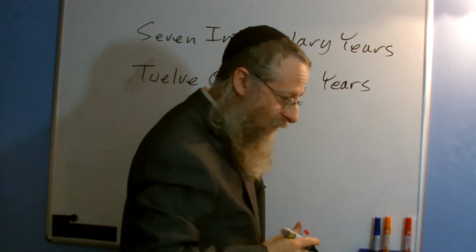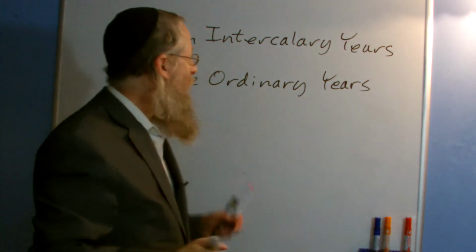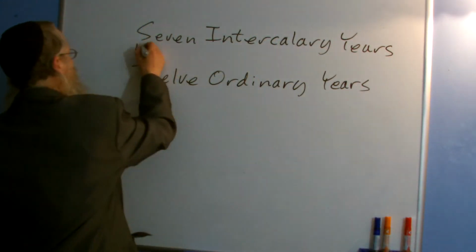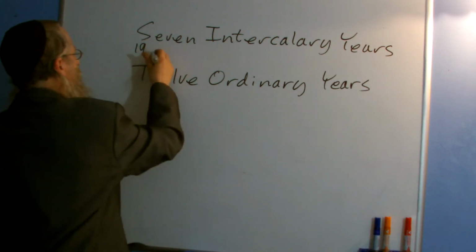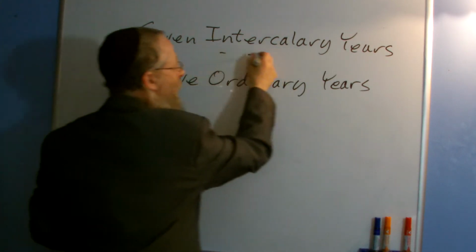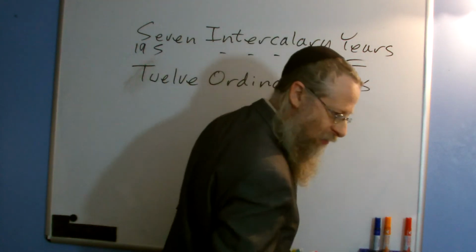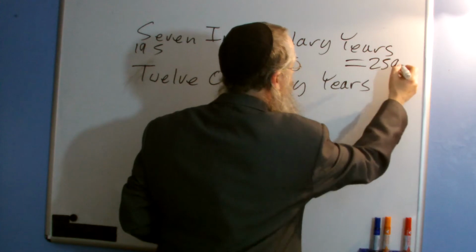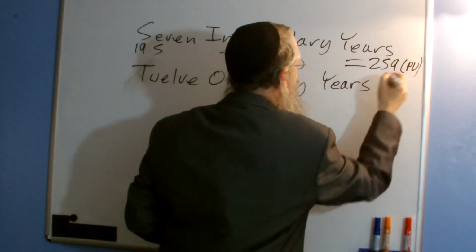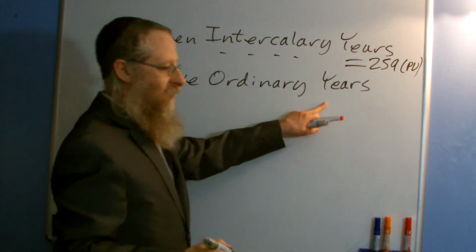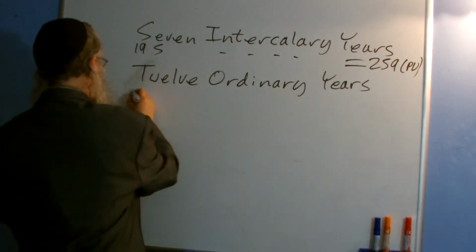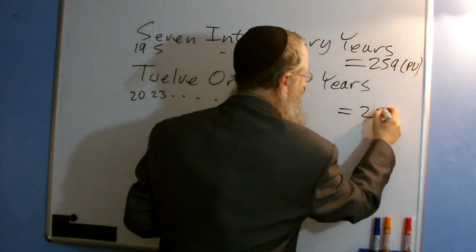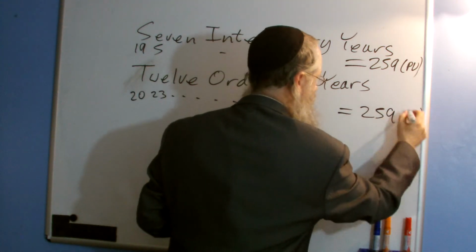Okay, so now if I work out the placement value of 7 intercalary years, S is 19, E is 5 all the way, and you add all that together, you will get 259. That's the PV value. And if I work out 12 ordinary years, again T is 20, and so on all the way, I will get 259 placement value.